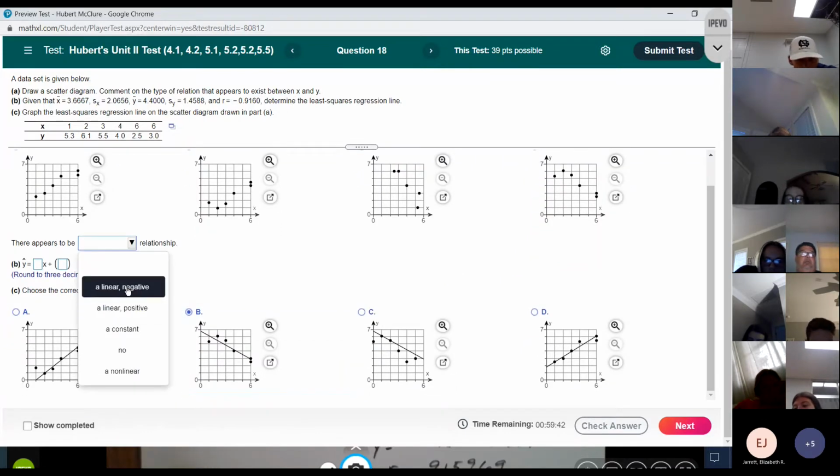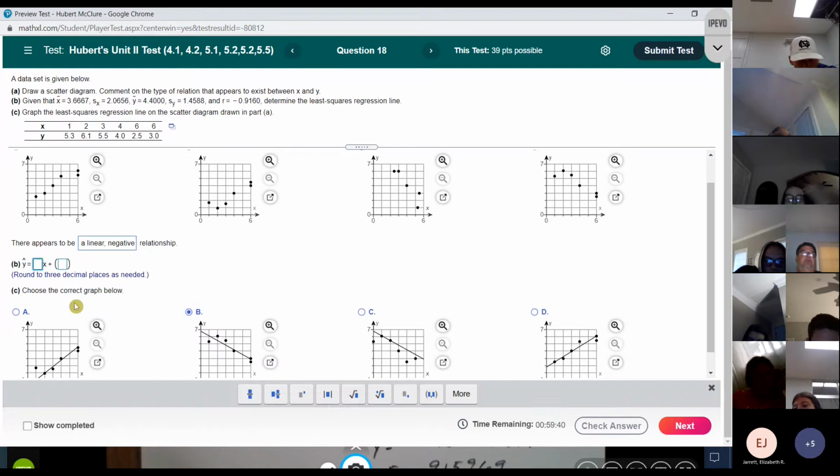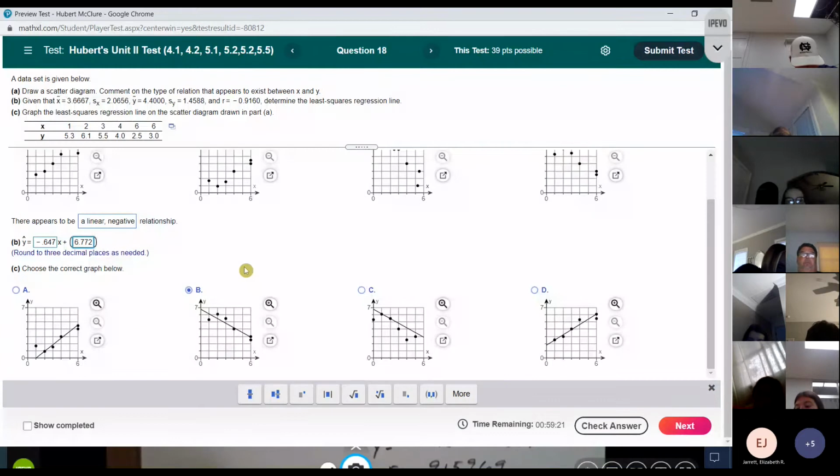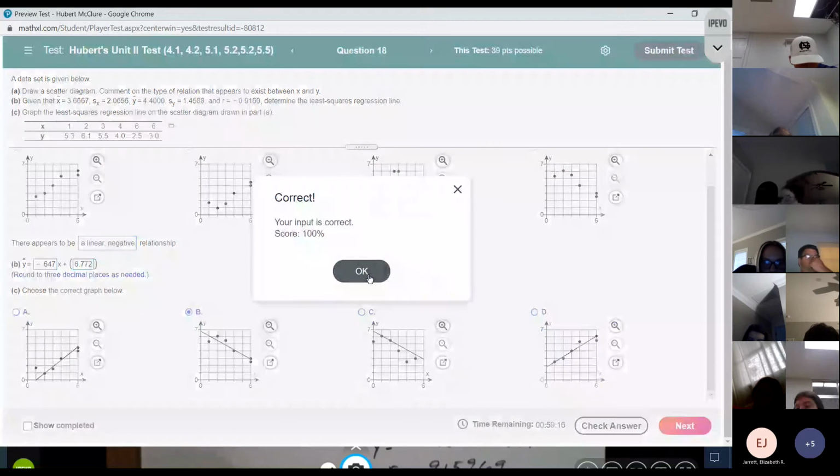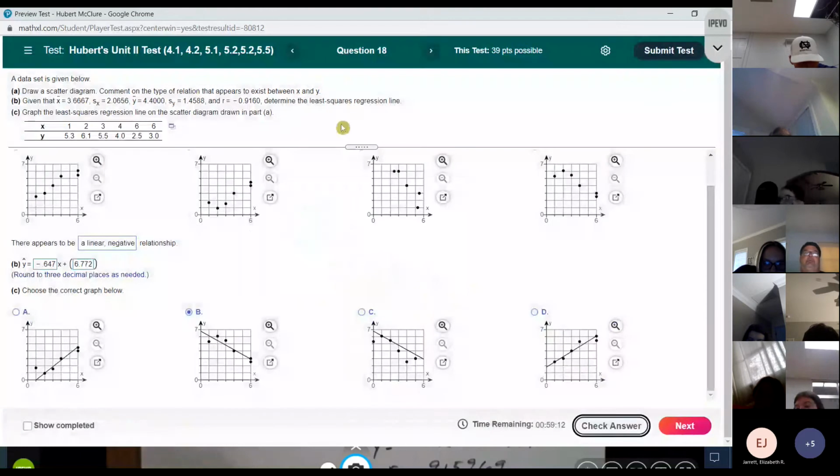And there is a linear negative, round to 3 decimal places, negative 0.647 and 6.772. Pretty simple.